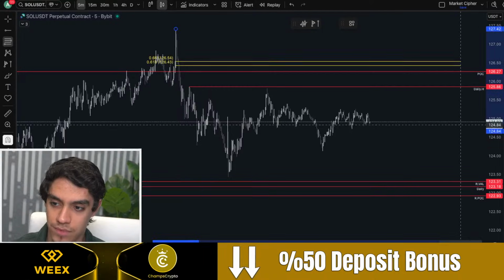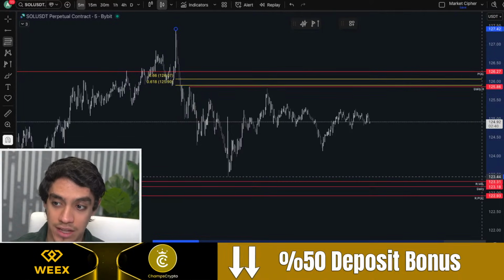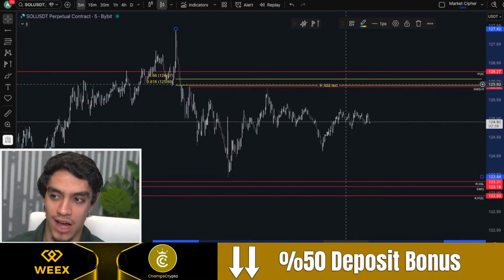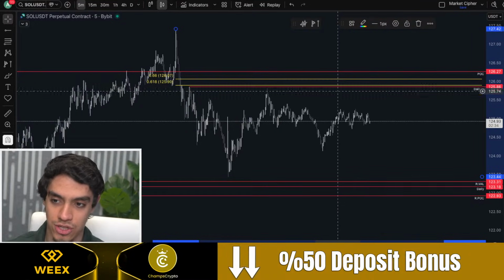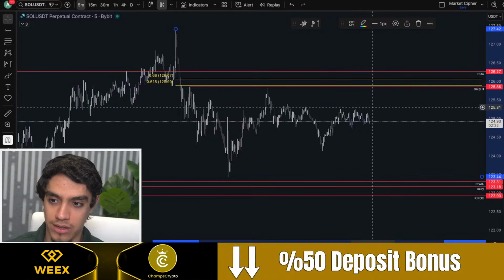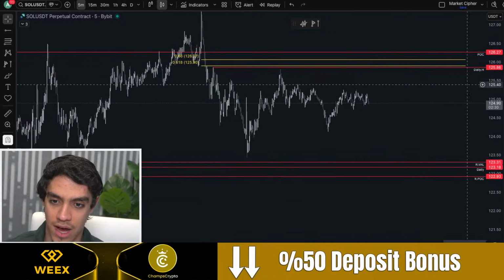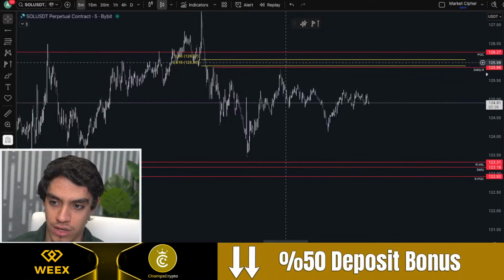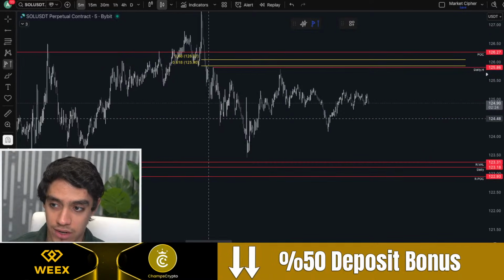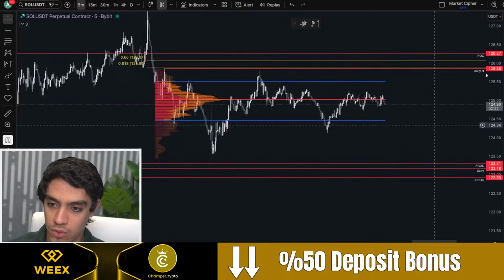Even though I didn't draw it, from how many reps I've used the Fibonacci golden pocket, I can literally tell before even putting it that it would be amazing here. So I have a potential short trade at 125.8, a fake out of today's high for Solana. Very nice. Let's see where to long.